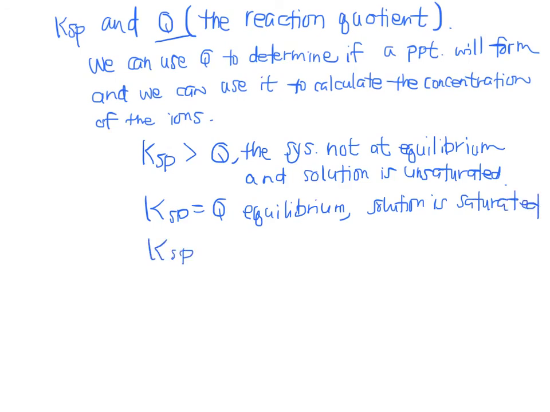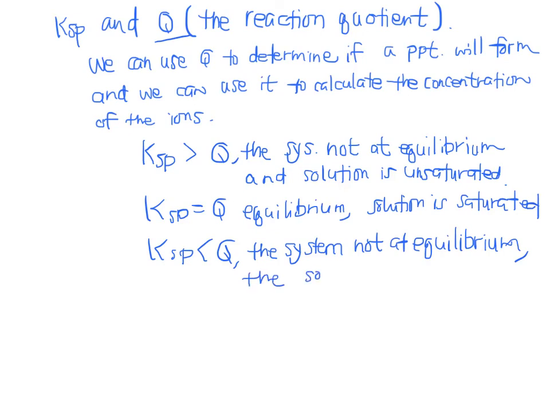Finally, if Ksp is smaller than Q, then again, the system's not at equilibrium, and the solution is supersaturated. So what we're going to do is compare Q and Ksp to determine if a precipitate will form.